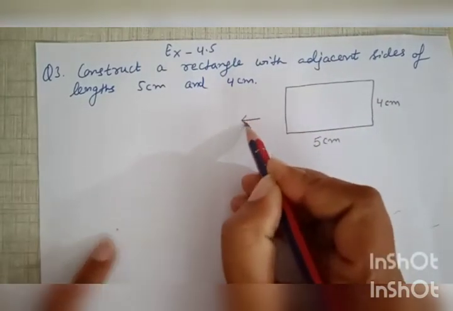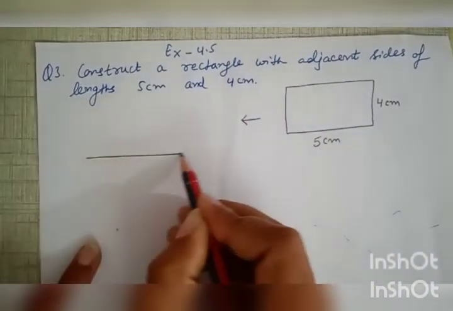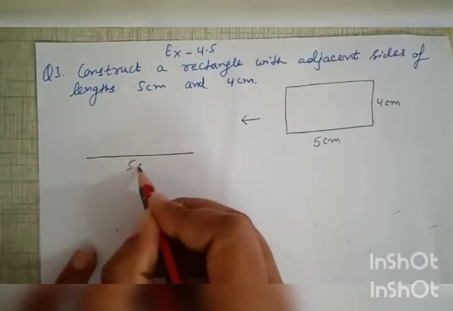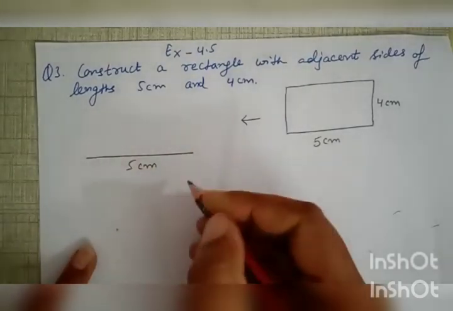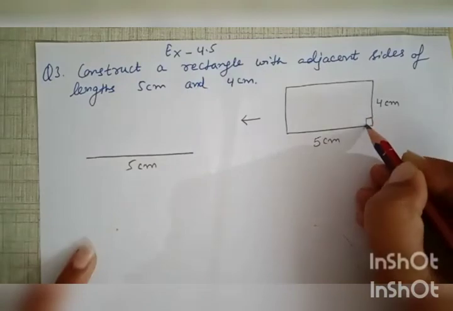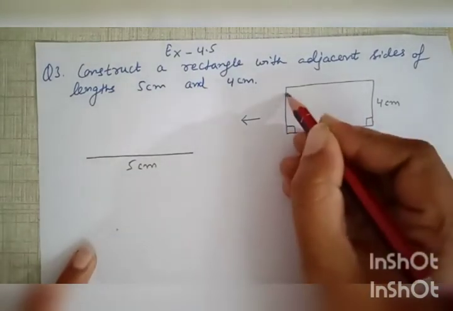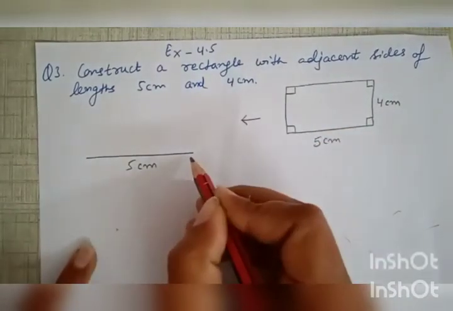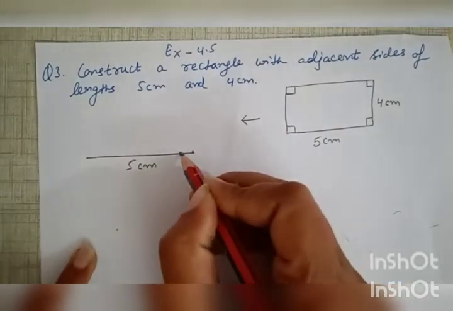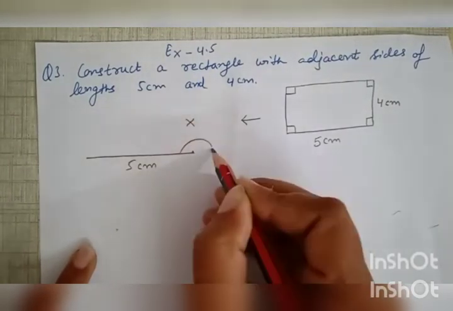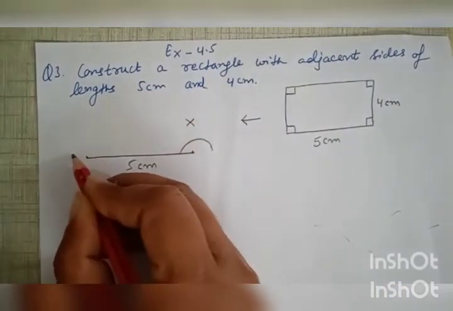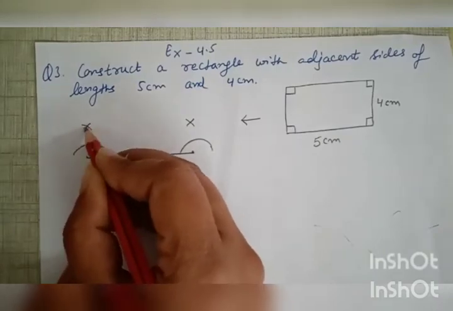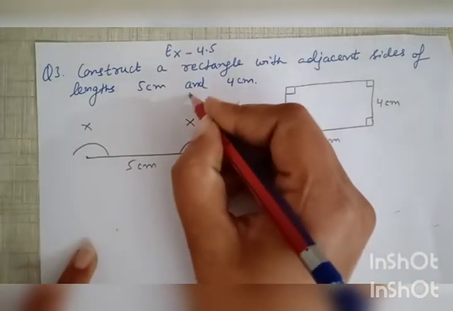How can we do? First of all, we will draw a length of 5 centimeter. Then we know that each angle in a rectangle is 90 degree. So at this point, I will draw 90 degree. And at this point also, I will construct 90 degree. And we will join them.